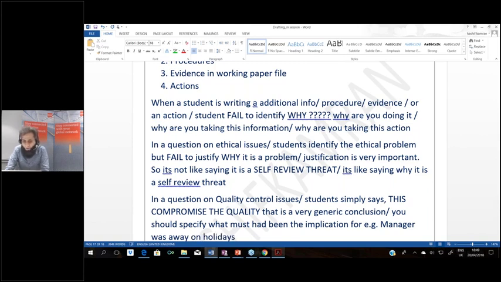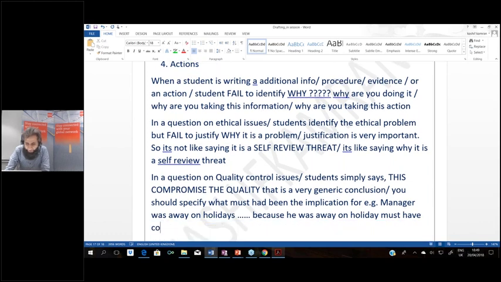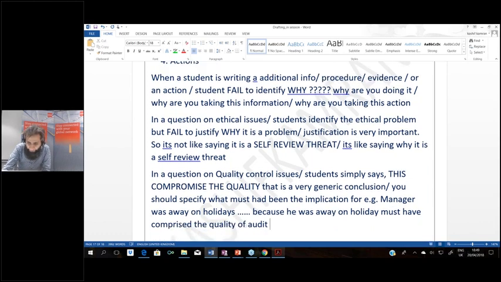Manager was away on holidays, and a student starts writing saying because he was away on holidays must have compromised the quality of audit. This is a weak answer.